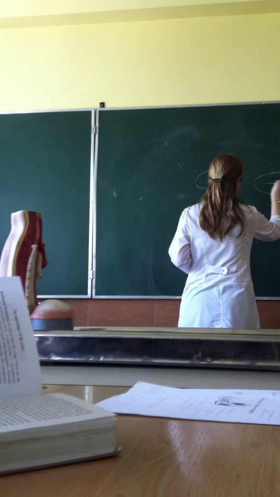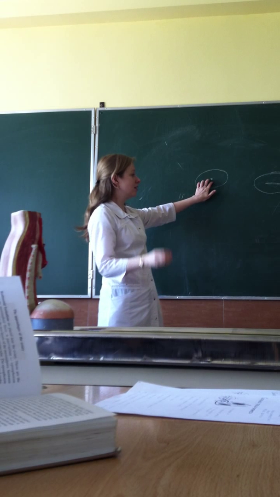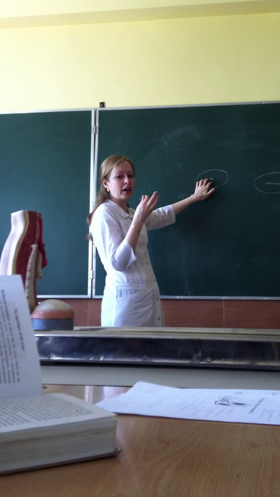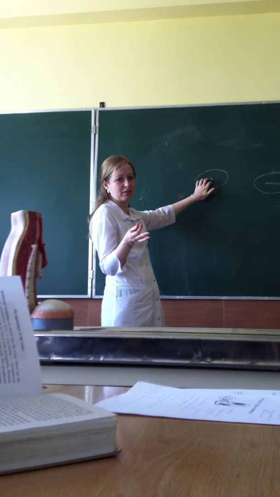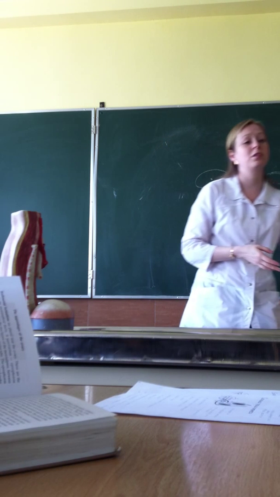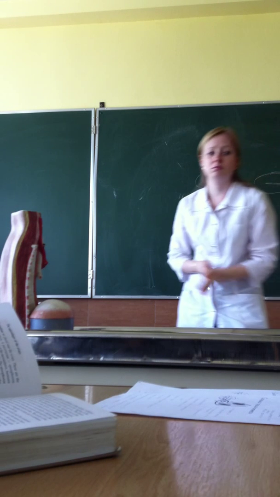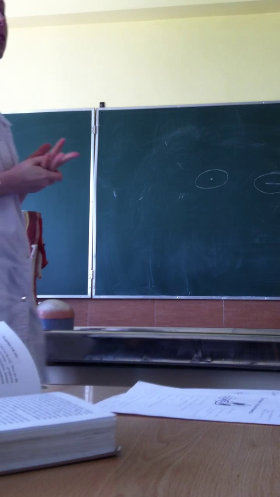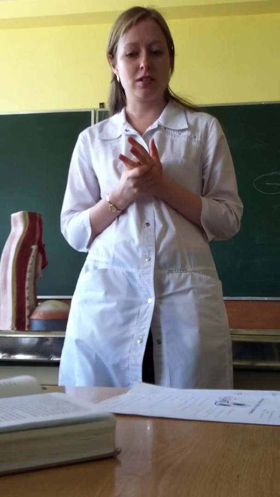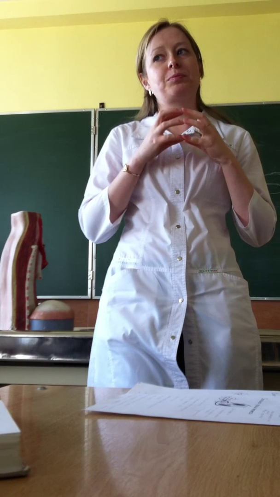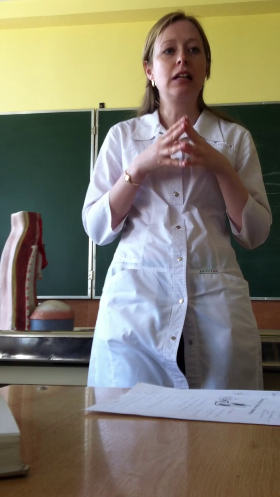If you can see this opening like a point, it means that this woman has no children. If you can see it like a split, it means that this woman has 1 or 2. This is for your clinical practice, if you examine your patients. These are the main questions which are presented at your exam.